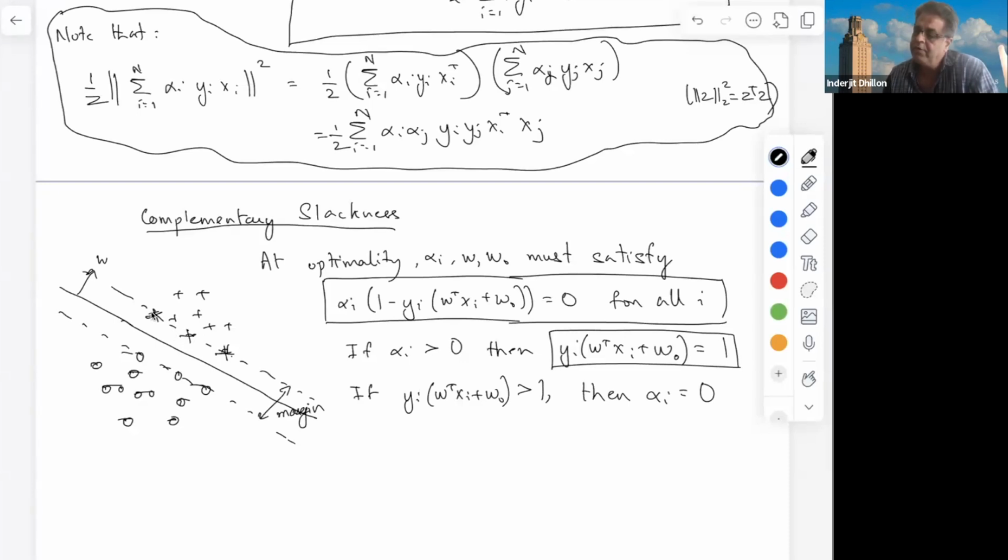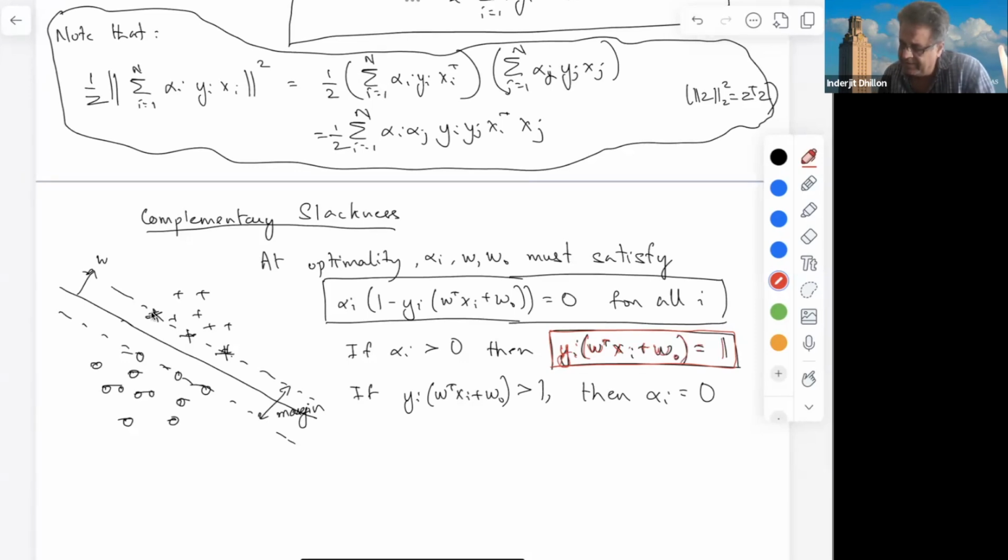Let me write this in red: yi times W transpose xi plus W naught equals 1.